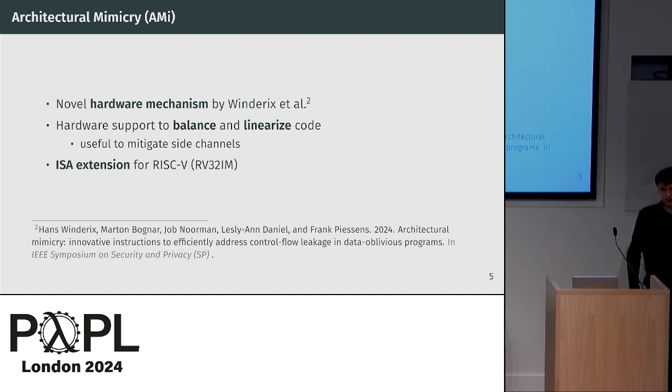Architectural mimicry, or AMI, is a new hardware extension developed by my colleagues at Distrinet, which provides new ways to balance and linearize code. They implemented this as an ISA extension to RISC-V.